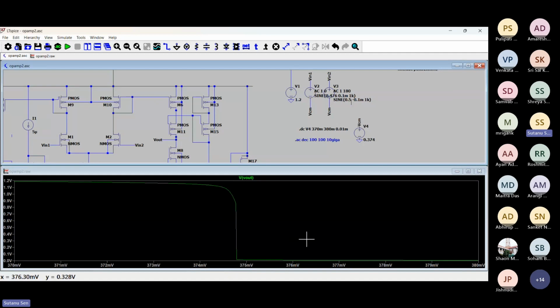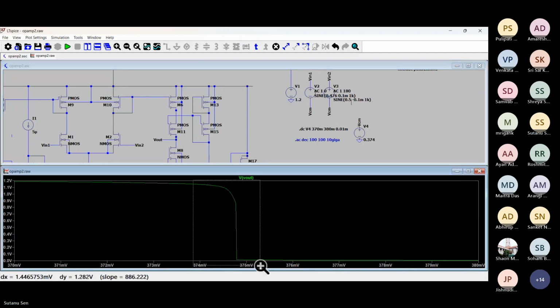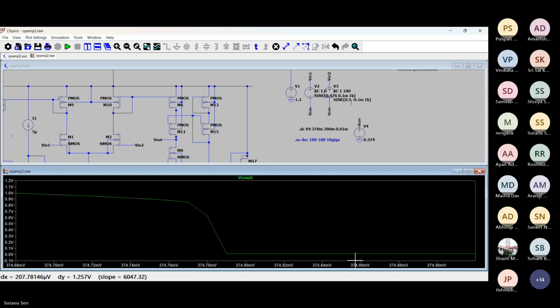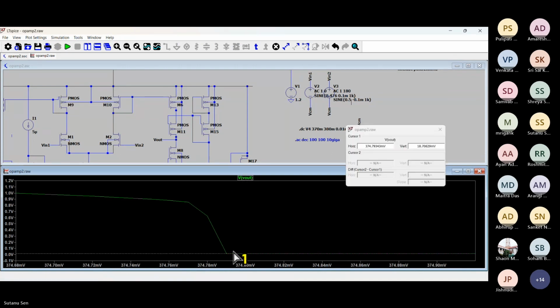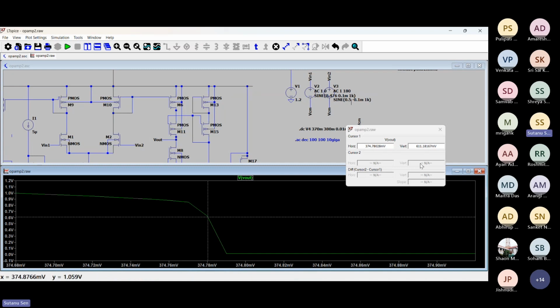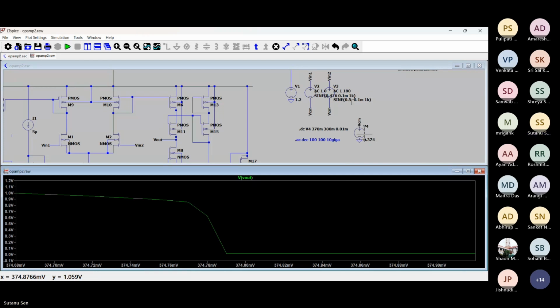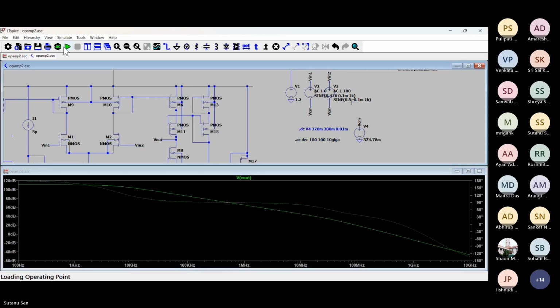Still very sharp. Yes, sir. Now it is giving a good gain.